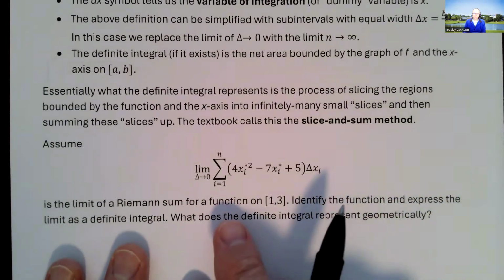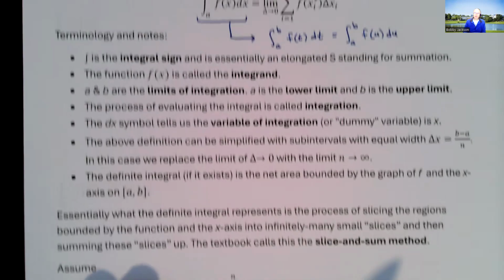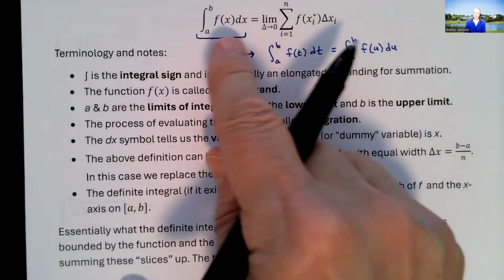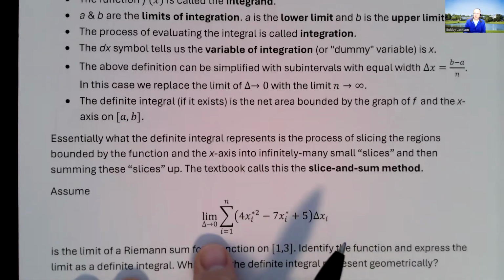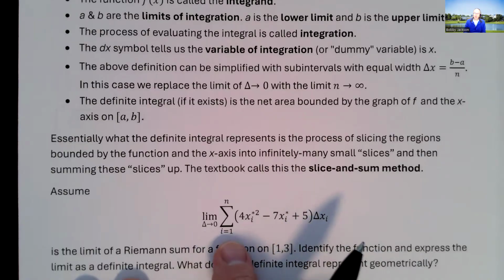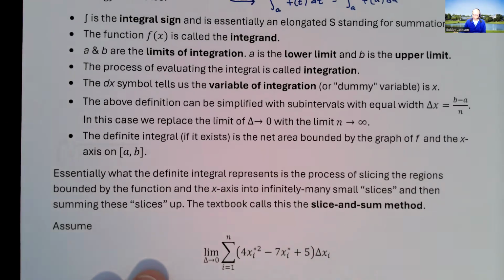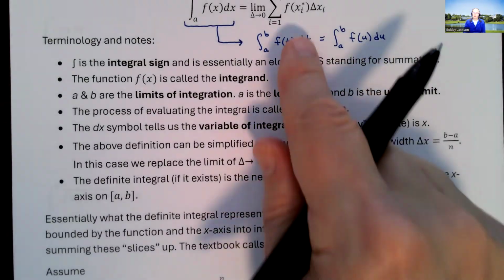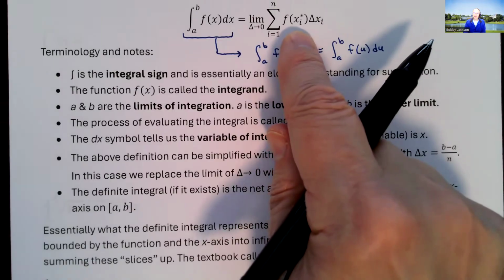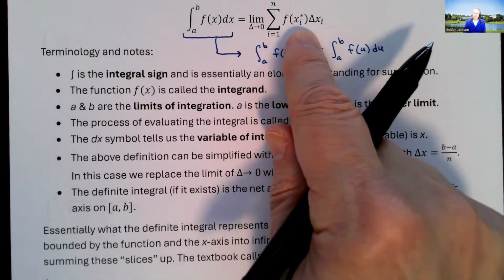Okay, so let's just see if we understand the notation that we talked about for the definite integral. If I had the limit as delta goes to zero, the summation i equal 1 to n of this thing, then what do I have? Well, notice up here that the thing we're adding is f of x_i star, right?